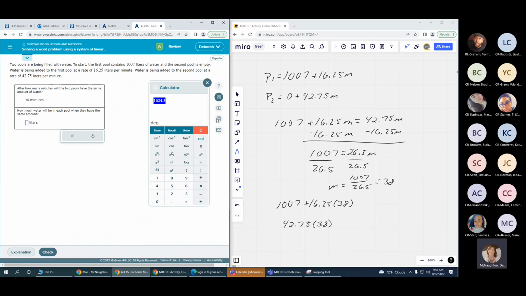So after 38 minutes, pool 1 has 1624.5 liters, and pool 2 has 42.75 times 38, 1624.5. So these should match because that's what we are trying to do. After how many minutes are they the same?